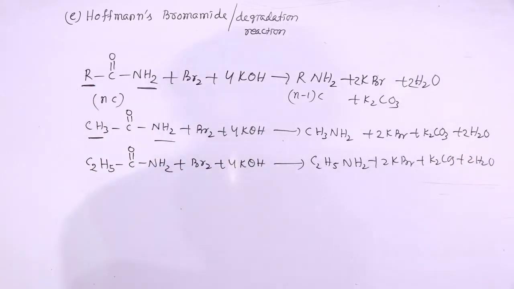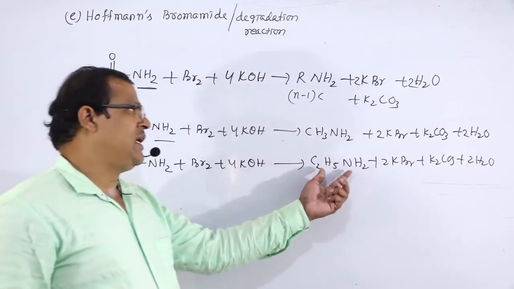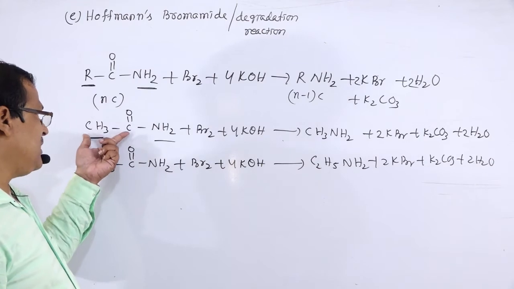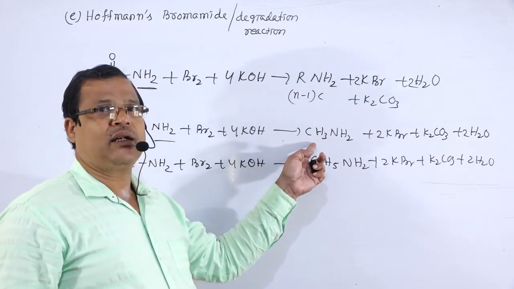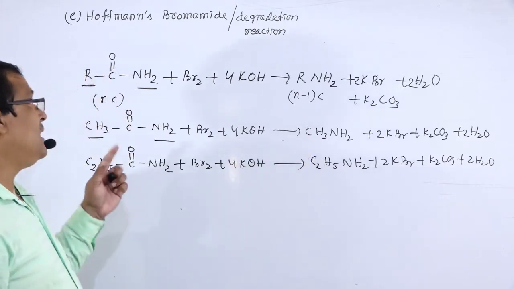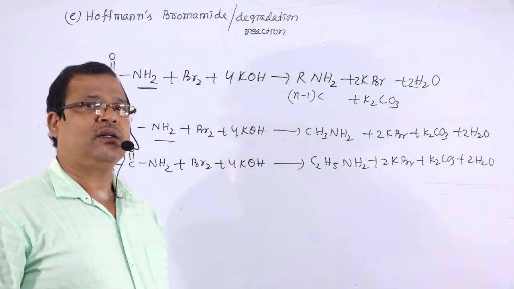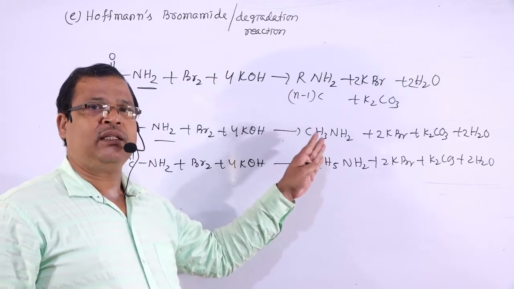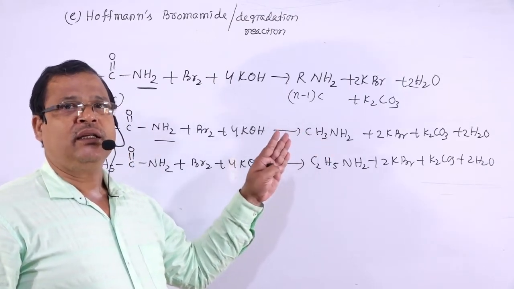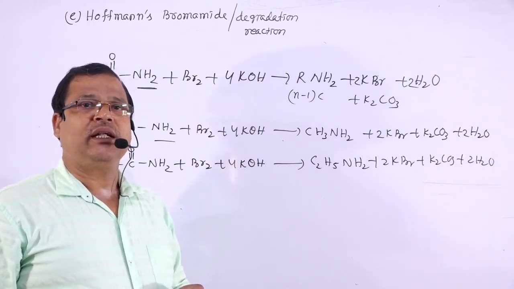This amide contains 3 carbon atoms, so the amine so formed contains 2 carbon atoms. The amide that contains 2 carbon atoms gives an amine that contains one carbon atom. So this is Hofmann's bromamide or degradation reaction for the formation of amines with one carbon atom less, and it is required during conversion whenever we want to decrease the number of carbon atoms.